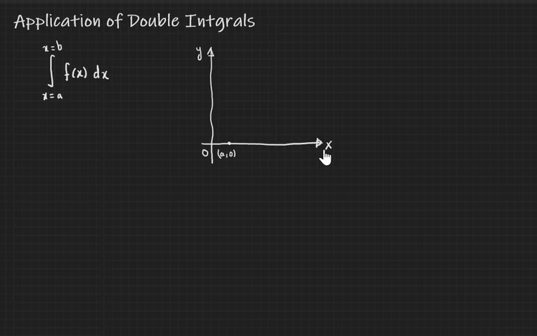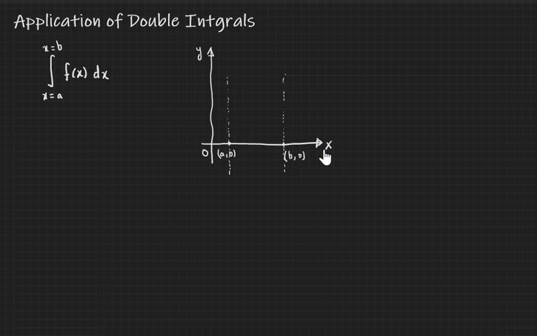Let's say this point has the coordinates b comma 0. Then the straight line parallel to the y-axis passing through this point represents the equation x equals a, and a straight line parallel to the y-axis passing through this point represents x equals b.